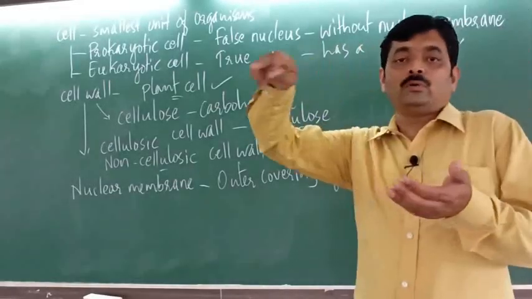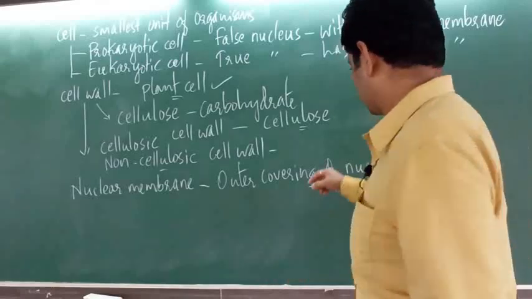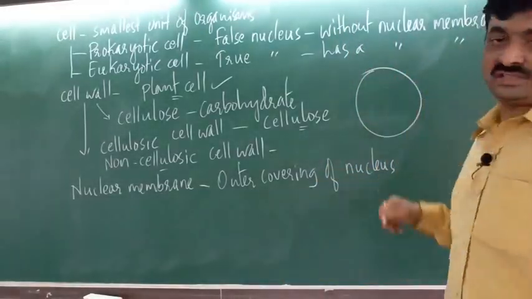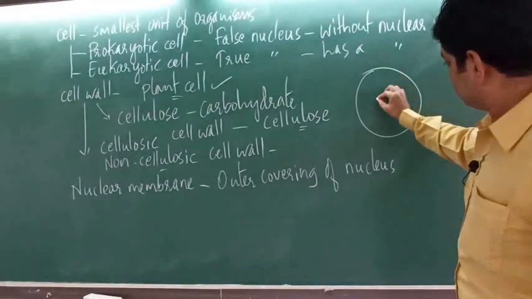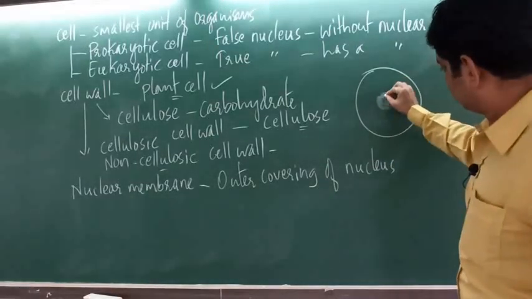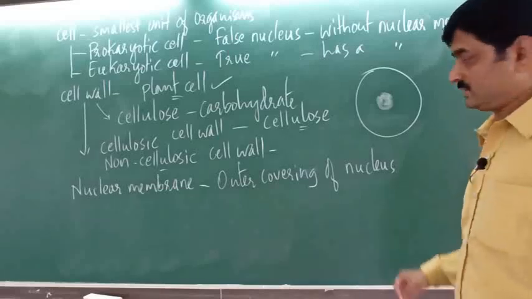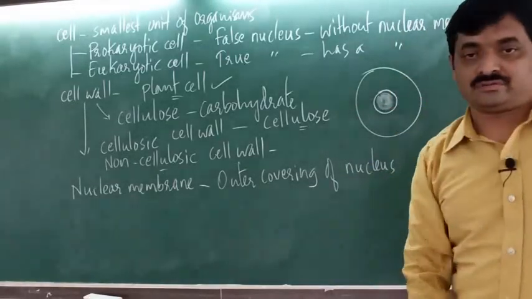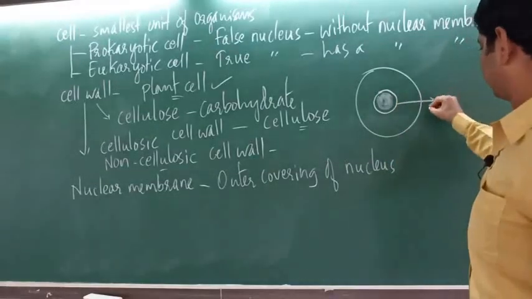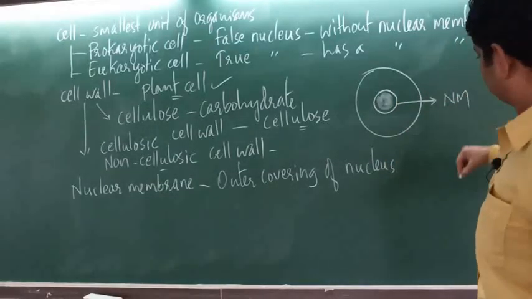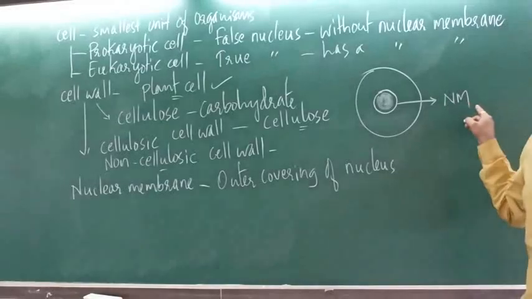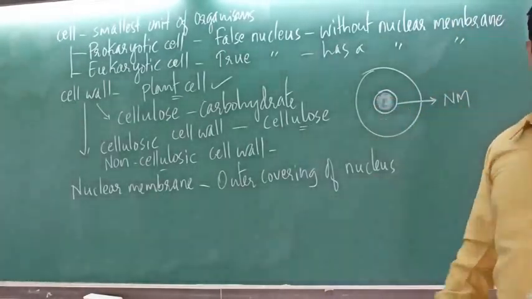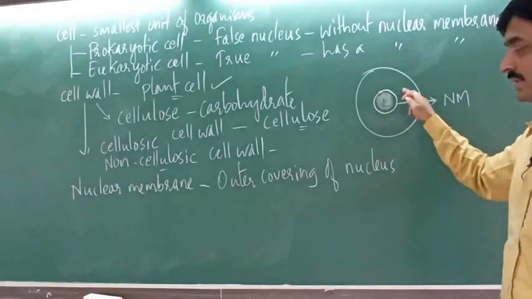So the boundary of nucleus is called nuclear membrane. Now for example, if this is a cell, this is the nucleus, this is the boundary of nucleus. So this boundary of nucleus is called nuclear membrane, right? So nuclear membrane is the outer covering of nucleus.